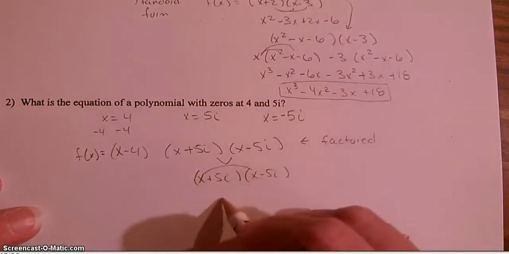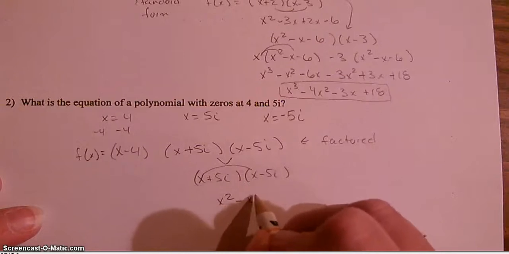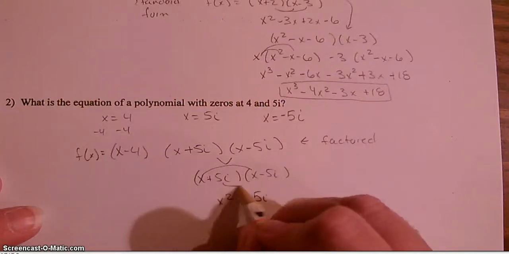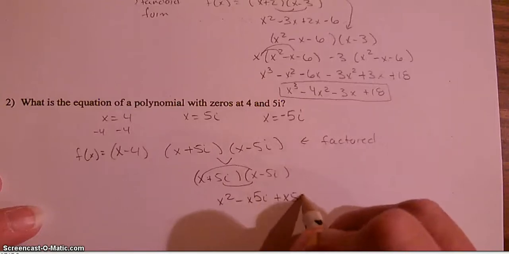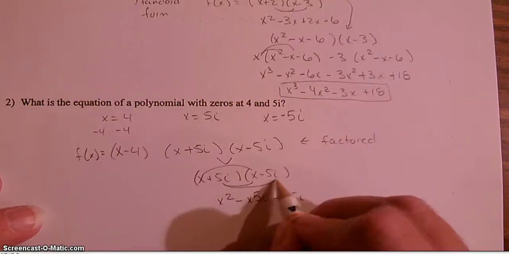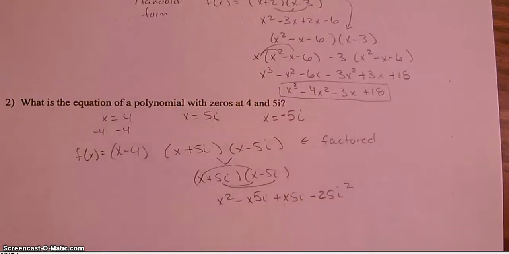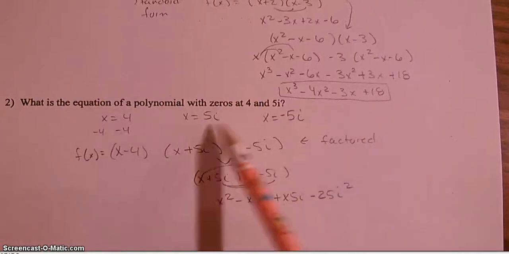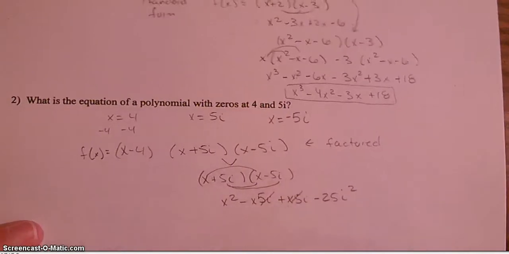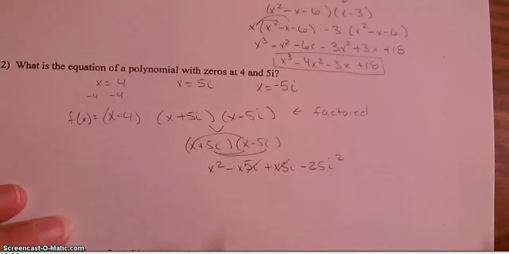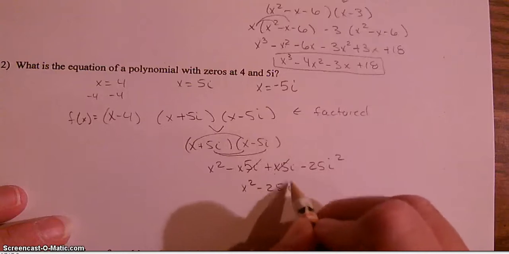So I have x times x gives me x squared. X times -5i is minus 5ix, plus 5i times x is plus 5ix, and then plus 5i times -5i gives me -25i squared. The whole idea of the conjugate pairs here is that the middle terms cancel each other out, and I wind up with x squared minus 25i squared.